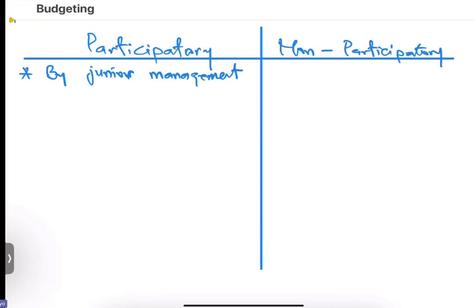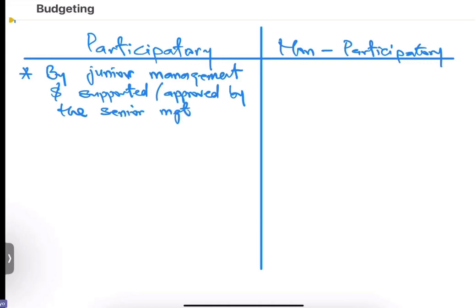So it's prepared by junior management and supported and approved by the senior management. So invariably, what you're saying is that this type of budget is bottom up. It starts from the bottom, then goes up for support and approval.